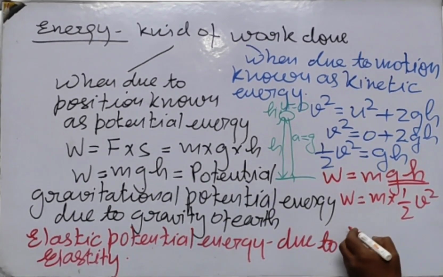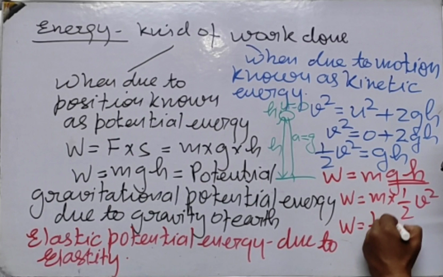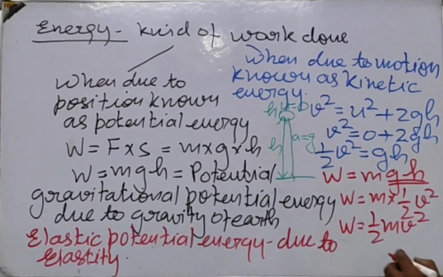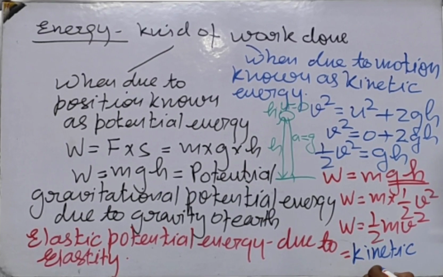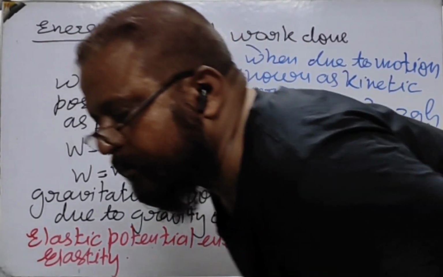So we can write W is equal to half m v square. This is known as kinetic energy, right? So should I rub this? Okay.